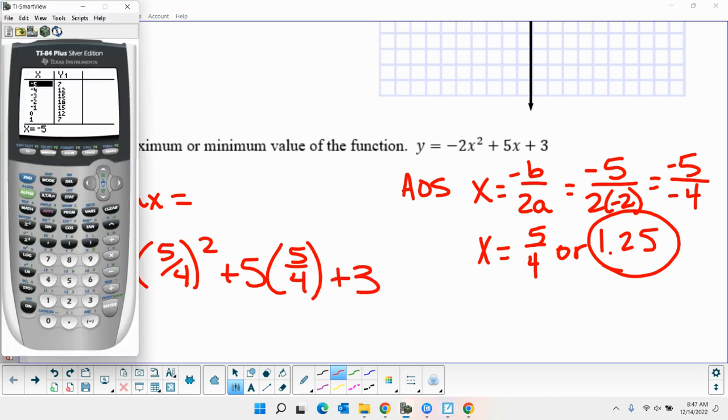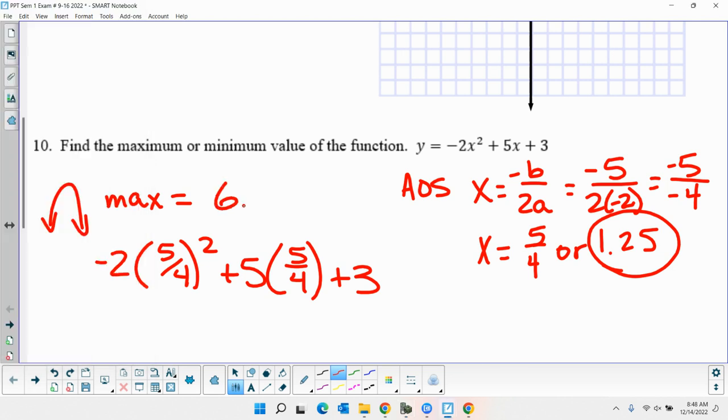So you can just put that in your calculator. All right. So negative 2, 5 divided by 4. Just put in parentheses like that. Squared, don't forget. Plus 5, and then 5 divided by 4 in parentheses. Plus 3. 6.125, which would be my max value.